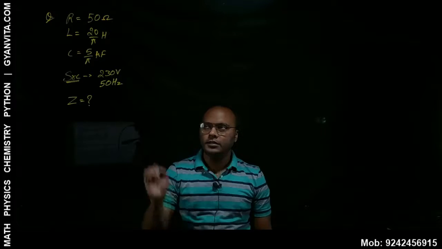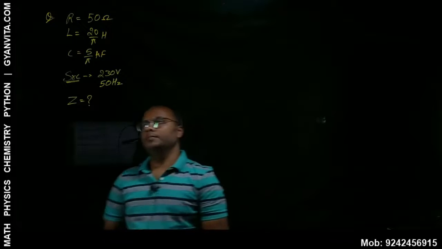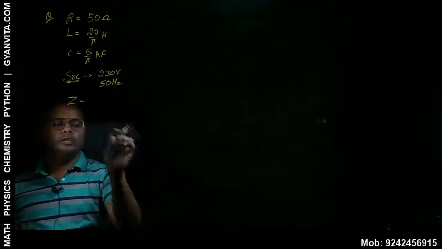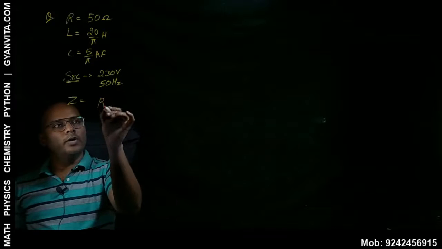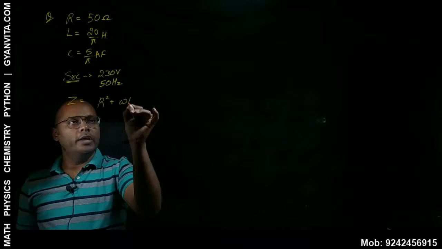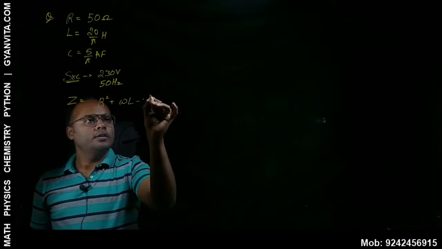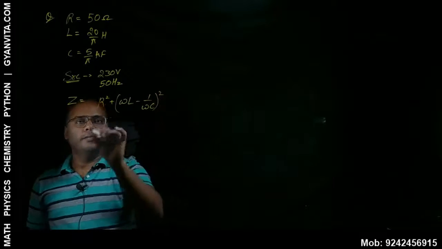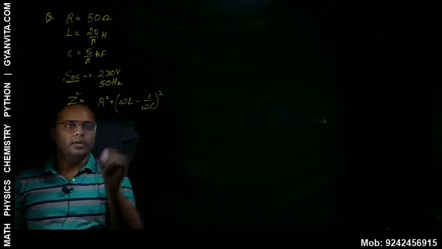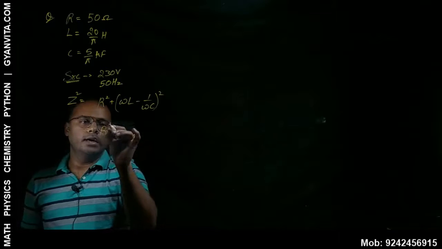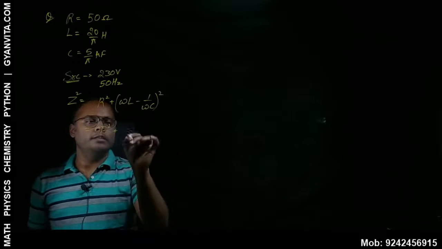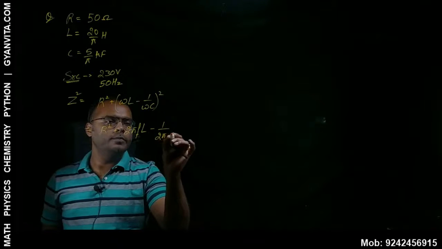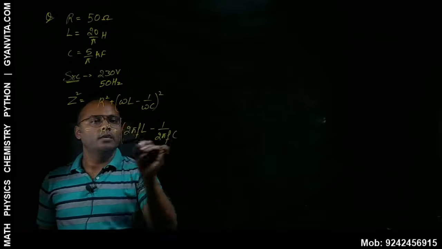This question is directly based on the formula: the impedance Z square is equal to R square plus omega L minus 1 by omega C, that is XL minus XC, whole square. Omega is 2 pi F, so this is R square plus 2 pi FL minus 1 by 2 pi FC, whole square.